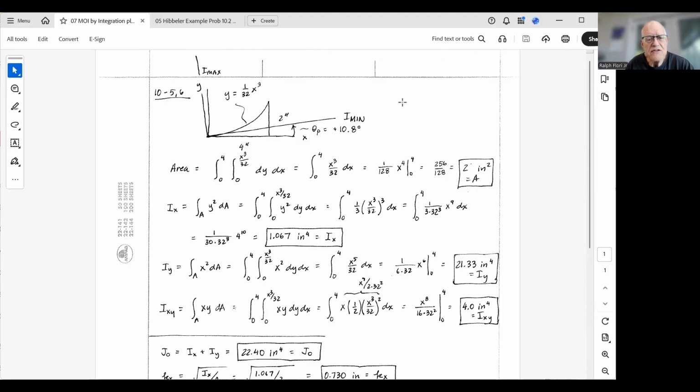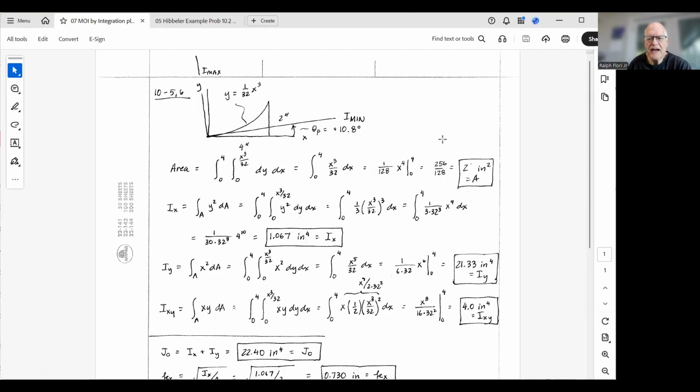But in this case, by inspecting the coordinate system, 10.8 degrees takes us to an axis that crosses through this area. And because this axis bisects the area, you know that that's going to be a small value of moment of inertia. And so that must be the Imin. And then by definition, the Imax is 90 degrees from the Imin axis.